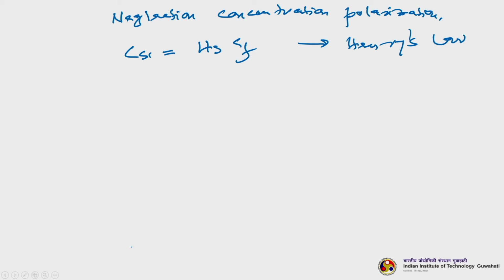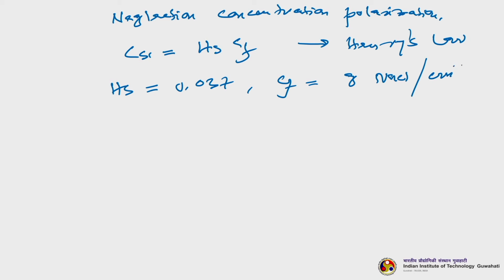So, HS is given as 0.037, and CF is given as gram NaCl per centimeter cube of feed. So, CS1 equals 0.037, that is HS, into 4 by 100.